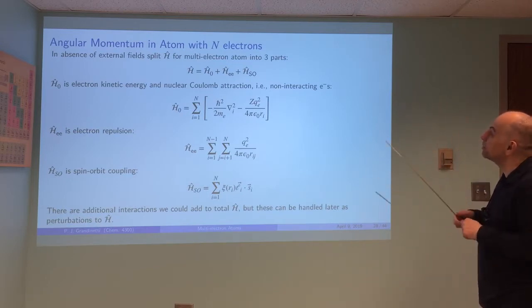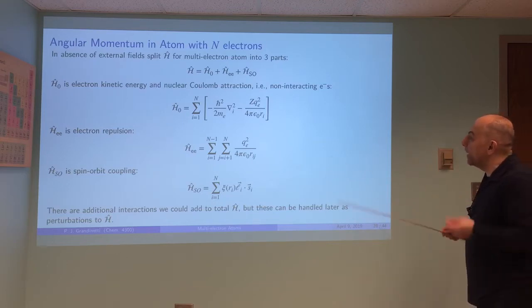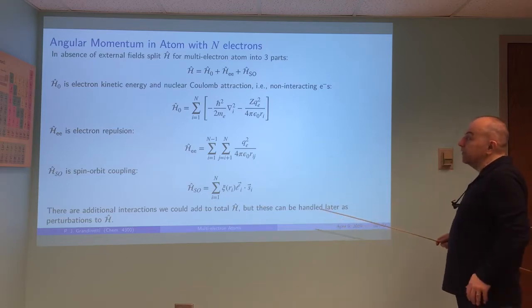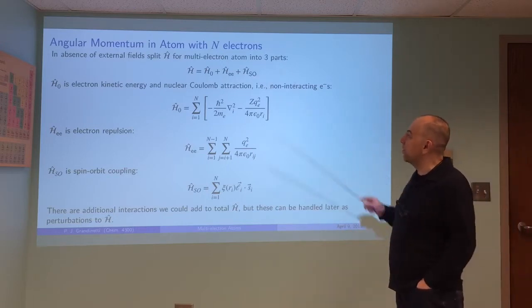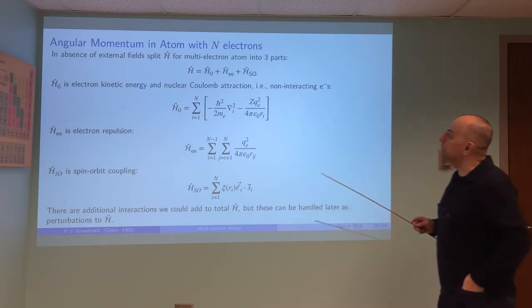So remember that back in the chapter on the hydrogen atom, we looked at the fine structure, and one of the terms that we had to add to improve the energy levels for the hydrogen atom was the spin-orbit coupling, which is a correction to the Hamiltonian.